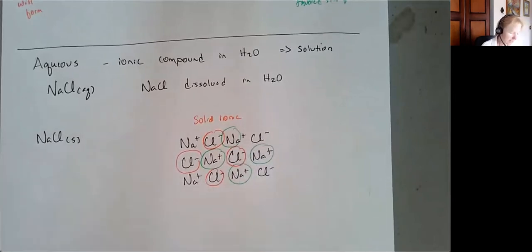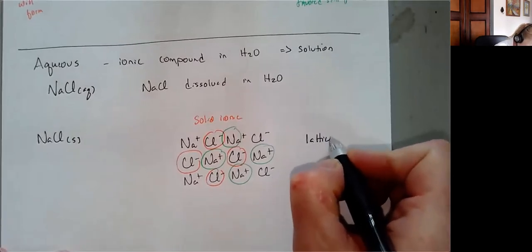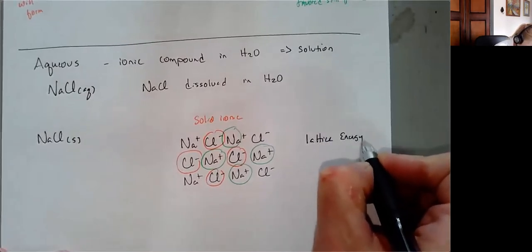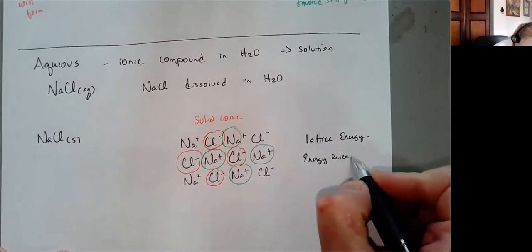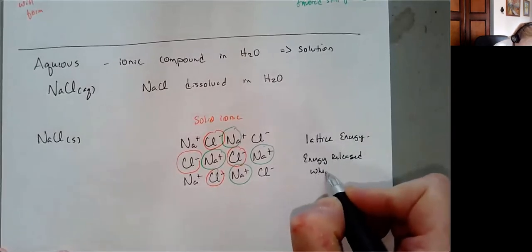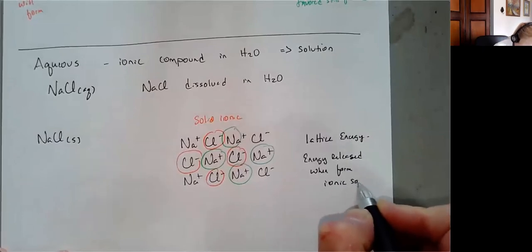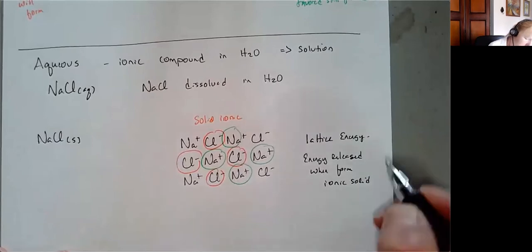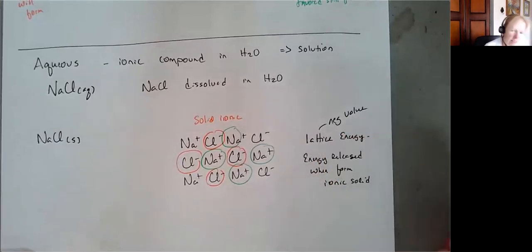And so that adds some stability, and we call that the lattice energy. And this is the energy that's released when you form this ionic solid. So it's a negative value because it's energy that's released.